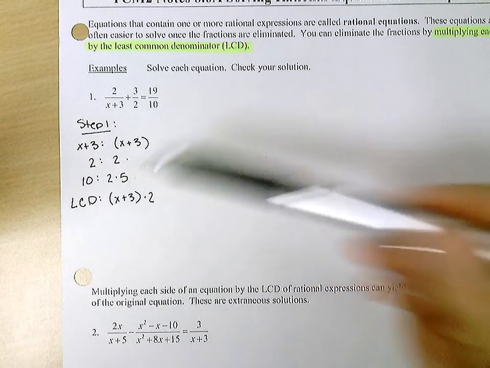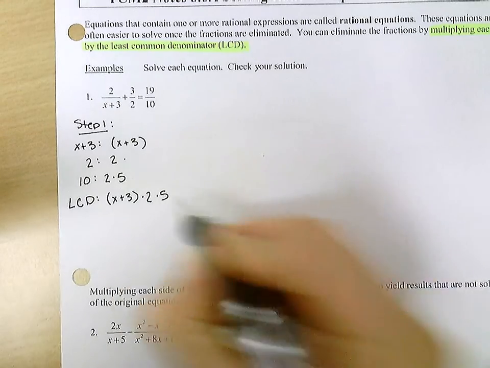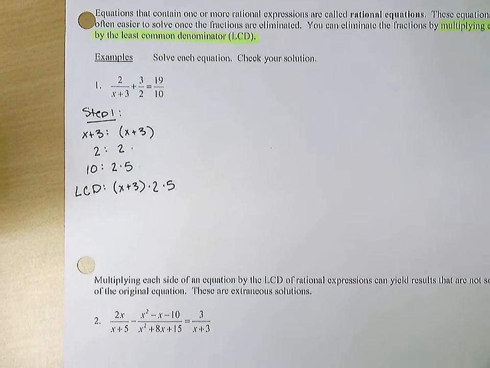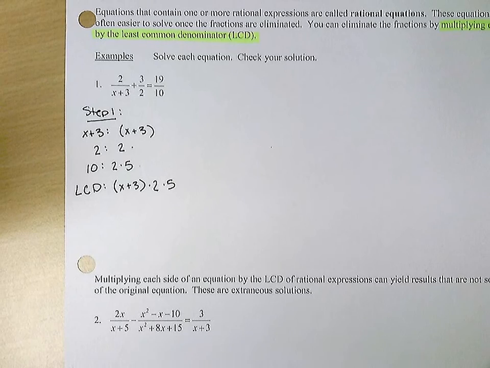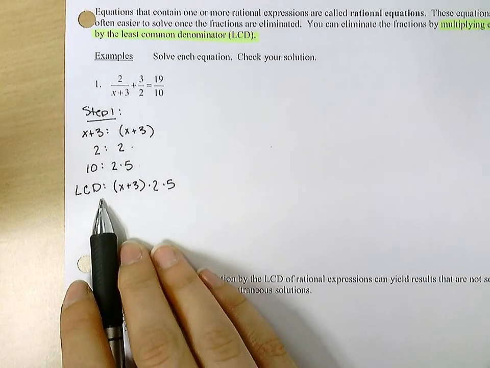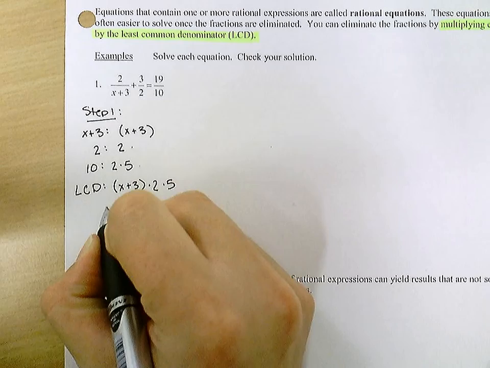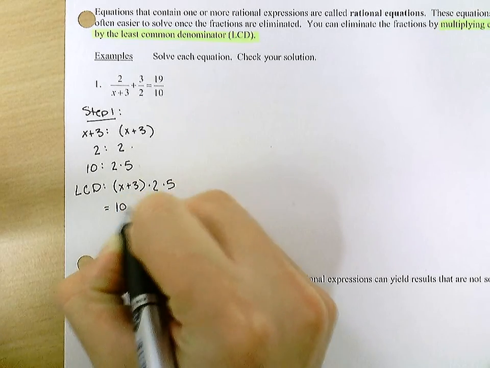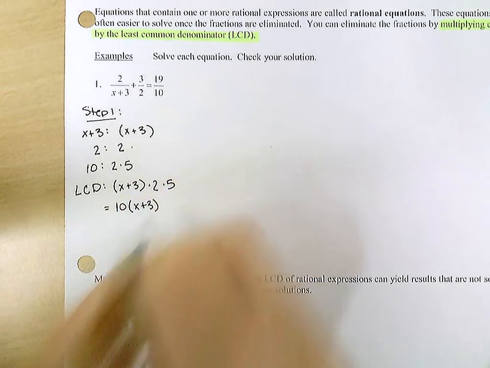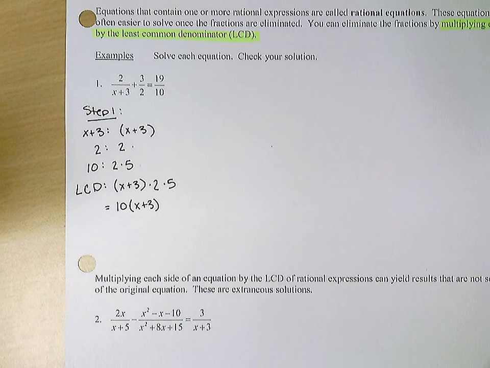But I don't have a 5, so I need to multiply by a 5. Okay, we've done this before. So my least common denominator is 10 times x plus 3. So I'm going to multiply each of those fractions by 10 times x plus 3.